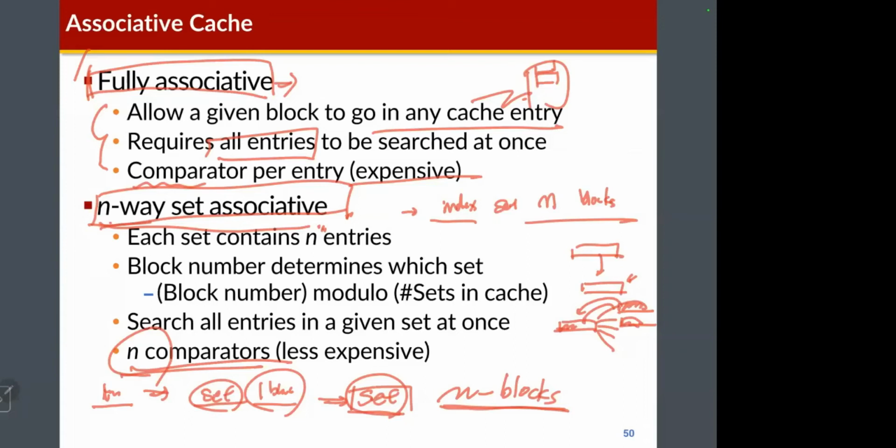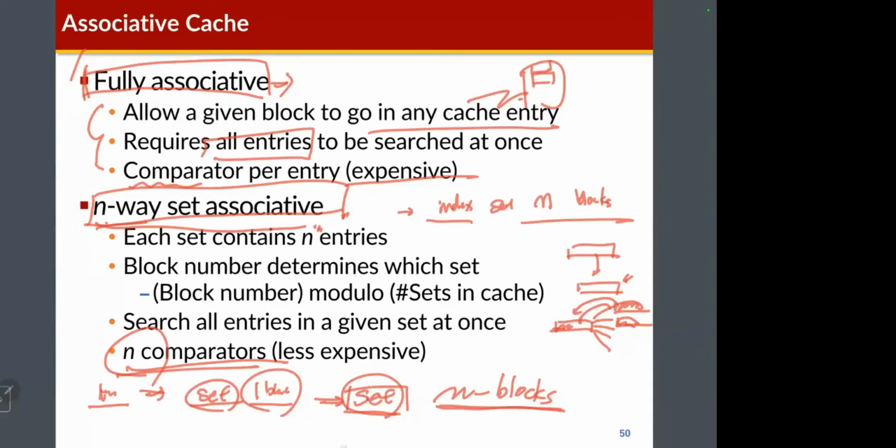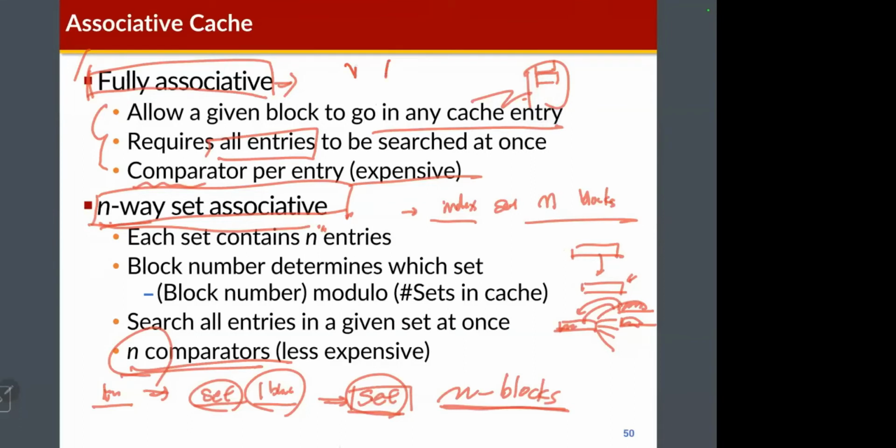So what is the definition of associative cache? With the associative cache, we can store multiple blocks in a target cache set. If we use an n-way set associative cache, then we can store a maximum of n blocks in a target set.